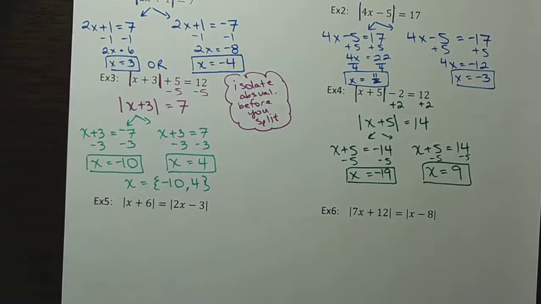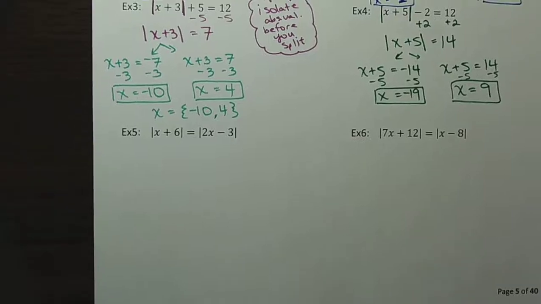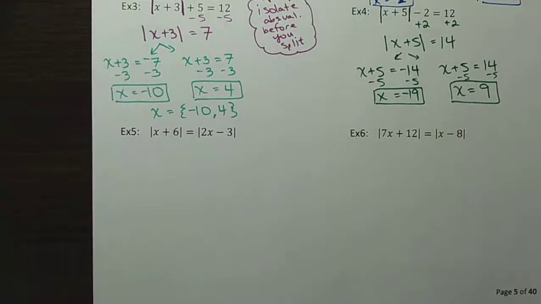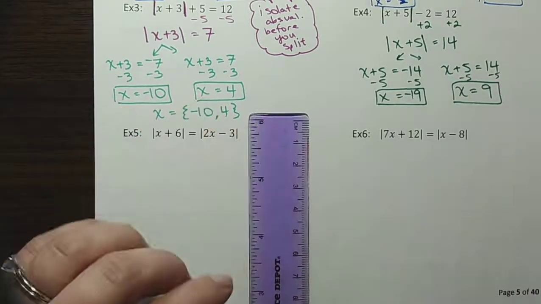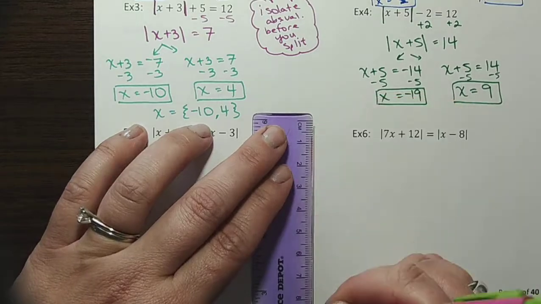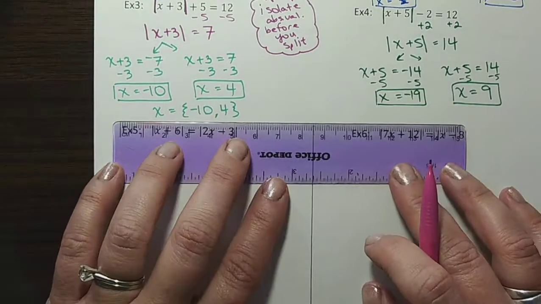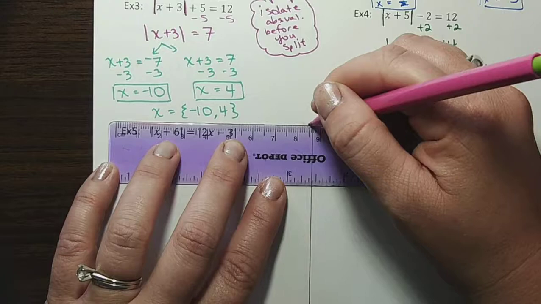All right, example 5 and 6. I don't like these. These require more work because of the bars on both sides. So let me kind of divide my space so I don't get too messy here. All right, so block this off.